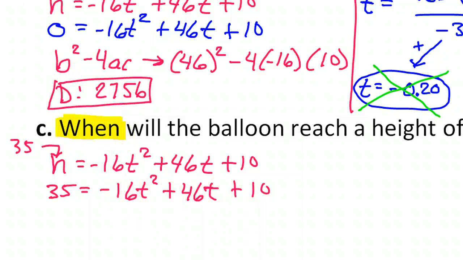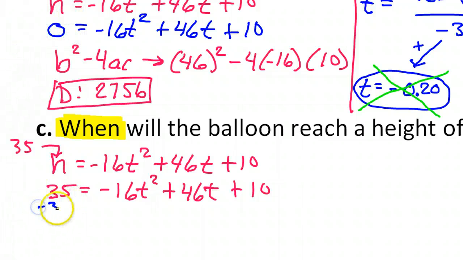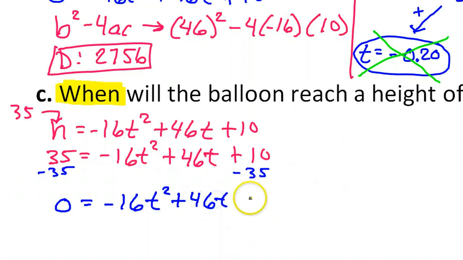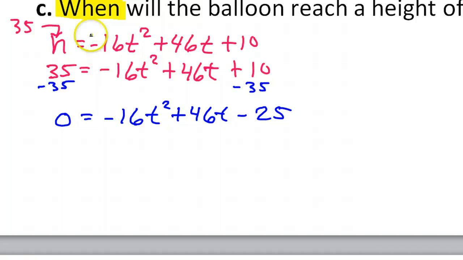That's t. So let's go ahead and subtract 35 from both sides. That's going to give us 0 equals negative 16t squared plus 46t minus 25. Now that we have 0 on one side, we can use the quadratic formula.